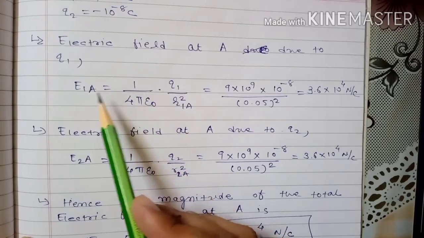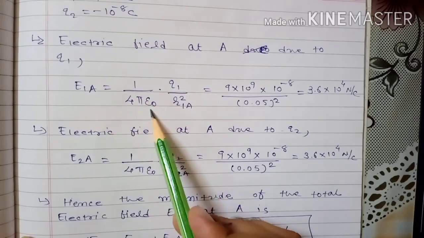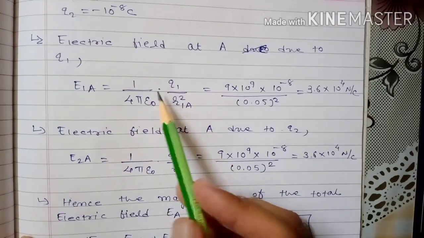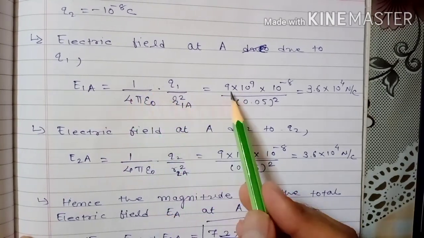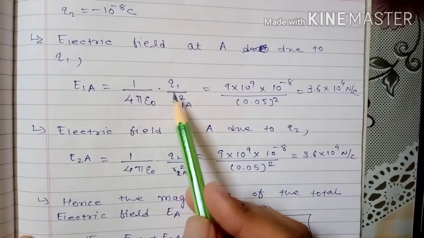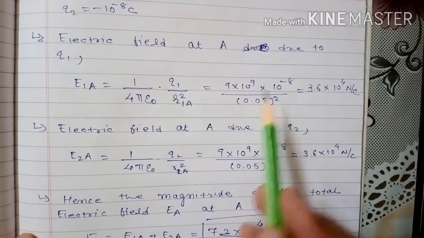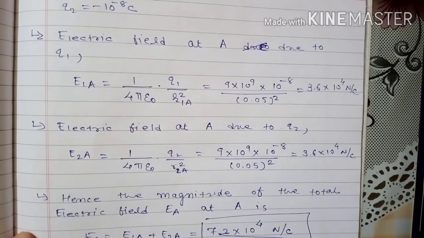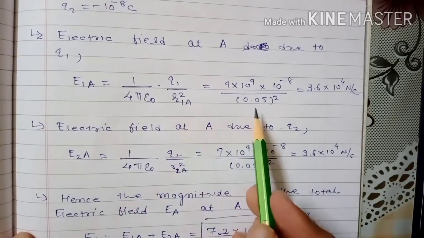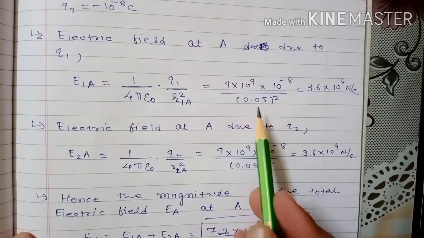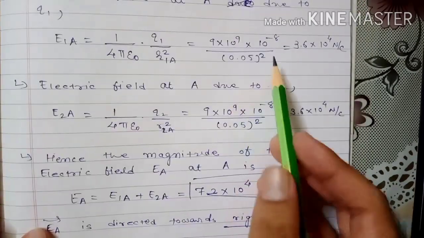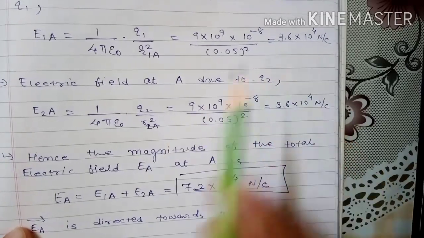Here, for the first charge, 1 upon 4 pi epsilon naught Q1 upon R1A square. 1 upon 4 pi epsilon naught is 9 into 10 raised to 9. Q1 is 10 raised to minus 8 upon R1A. Distance of the first charge from point A is 0.05 meter, so that will be 0.05 square. If we solve this, we will get 3.6 into 10 raised to 4 Newton per coulomb.